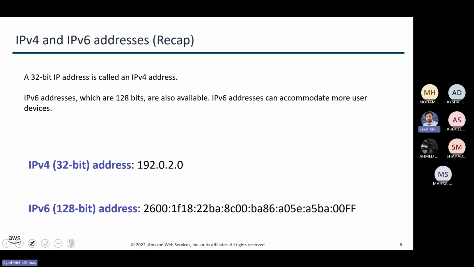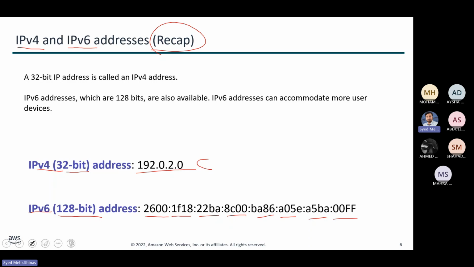Now we are going to recap IPv4 and IPv6. IPv4 is a 32-bit address, as we know. This is a class C address, and IPv6 is a 128-bit address. See here, 1, 2, 3, 4, 5, 6, 7, 8 groups.